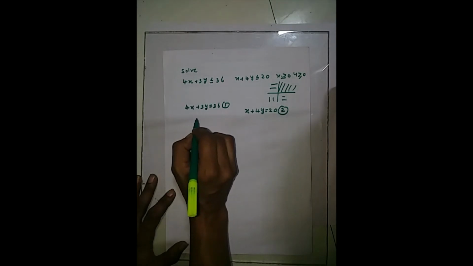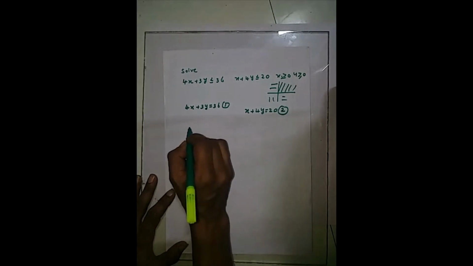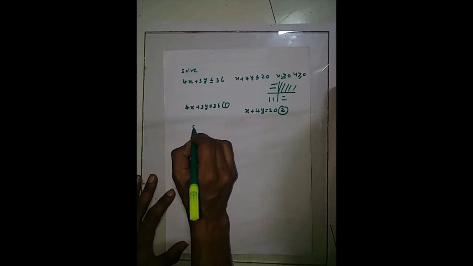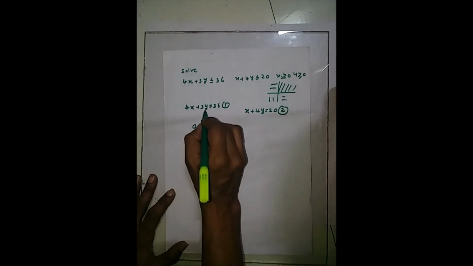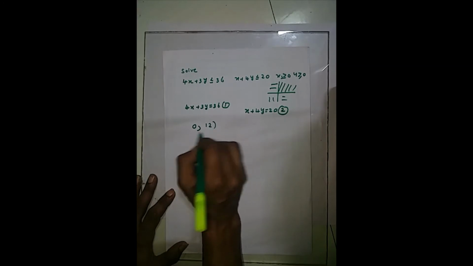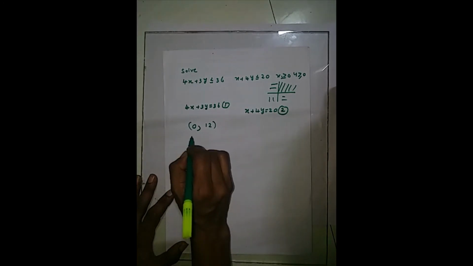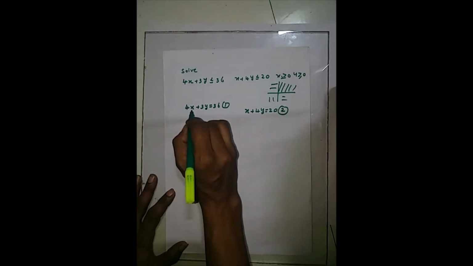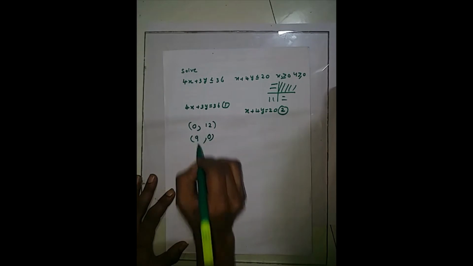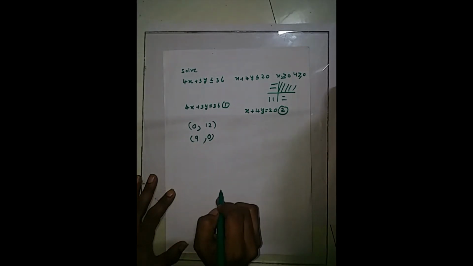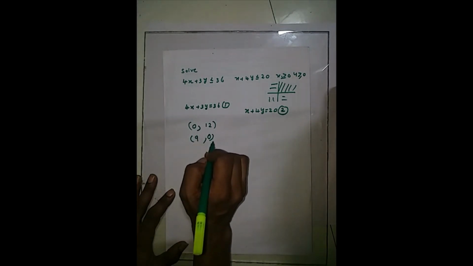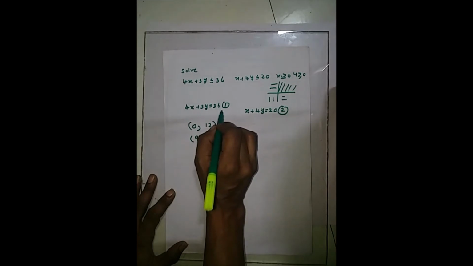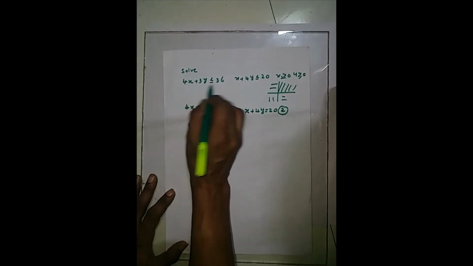For finding 2 points of this line, substituting x equal to 0, y equals 36 upon 3. Putting y equal to 0, x equals 36 upon 4. Joining these 2 points, you will get this line. Once you have the line, you have to shade a region.